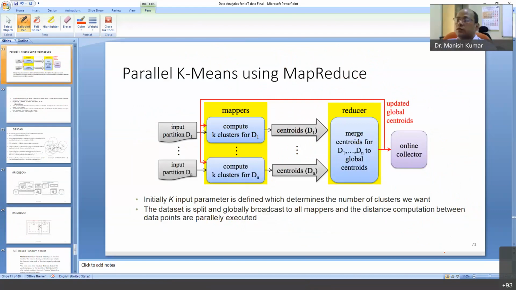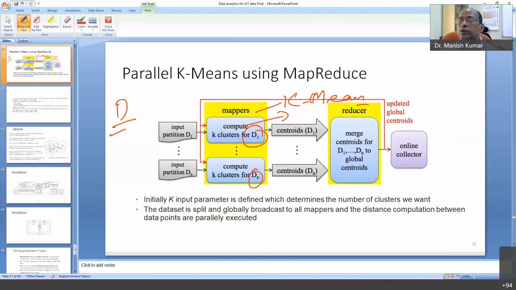What we do when we try to implement k-means in a distributed and parallel manner is that the same thing can be done, because as you know, data can be distributed across n nodes, and the mappers are responsible for executing k-means.